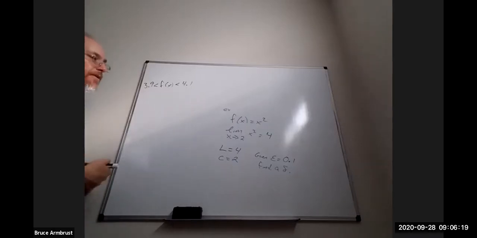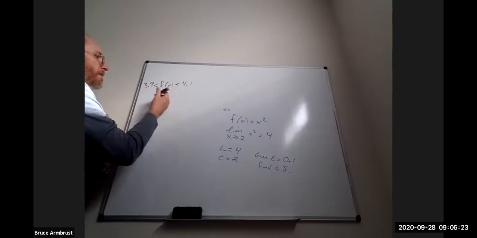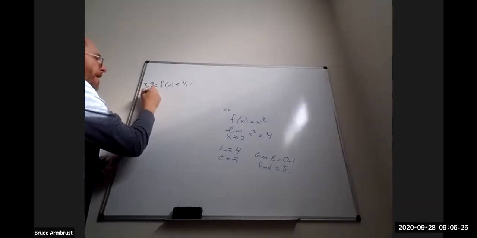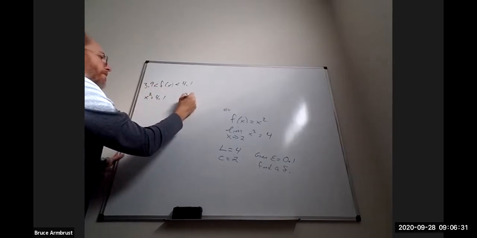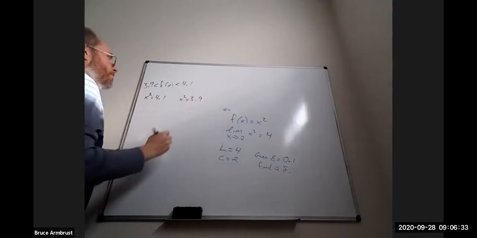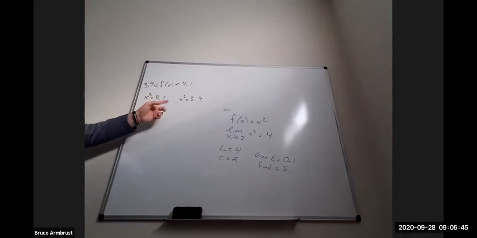Let's figure out what x values actually make those happen. Let's look at when f of x equals 4.1, and when x squared is equal to 3.9.